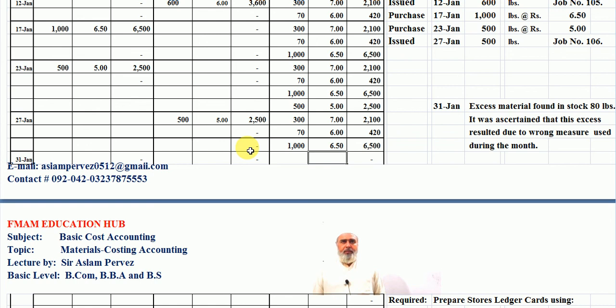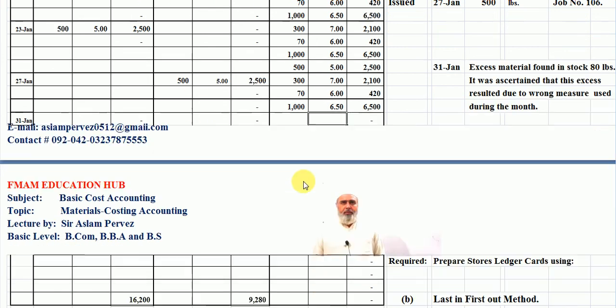Now students, on 31st Jan excess materials were found in stock, 80 pounds. It was ascertained that this excess resulted from wrong measures used during the month. Now we have to make our balance in stock.